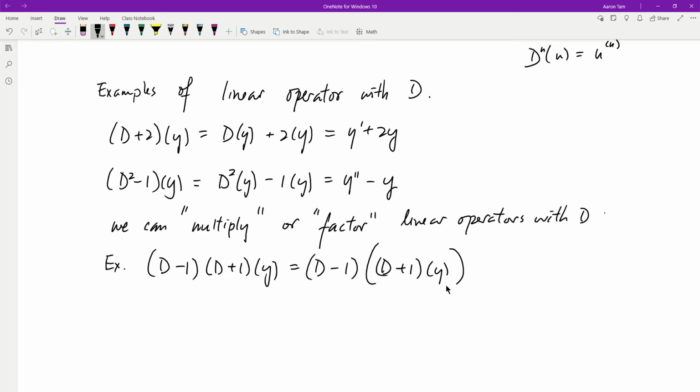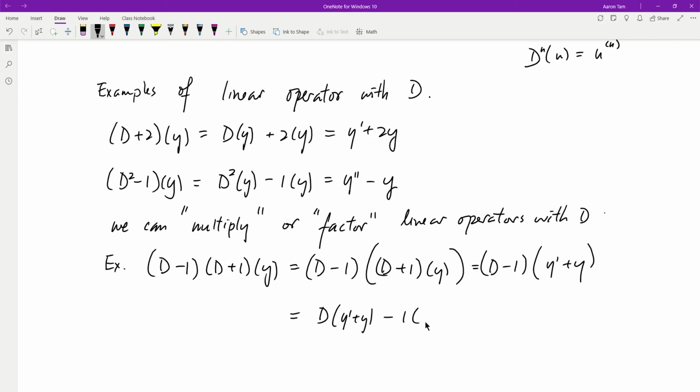Remember, linear operators get multiplied when you plug in one after another. So even though the notation reads out as multiplying next to each other, essentially what you're doing is applying one after another. So that would basically tell me that's d minus 1 of y prime plus y.